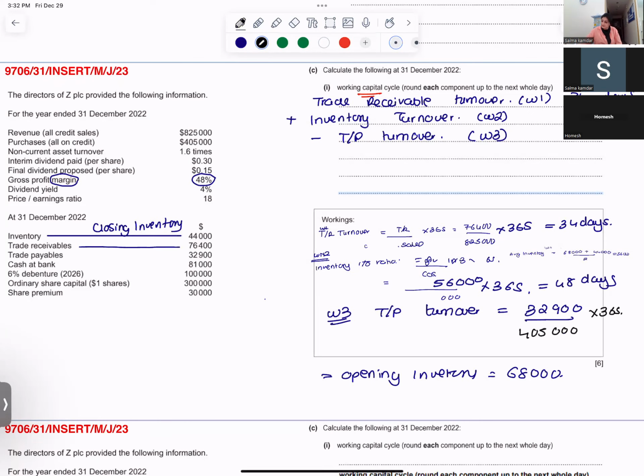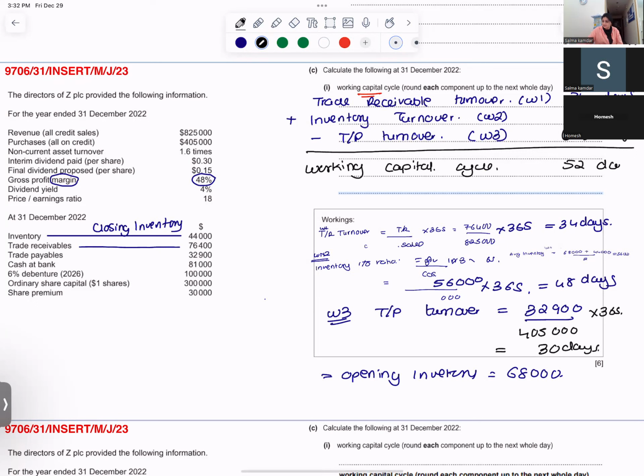You have to calculate it. 30 days. So what is your working capital cycle ratio? It'll be 34 days plus 48 days minus 30 days. So it will become how much? 52 days.